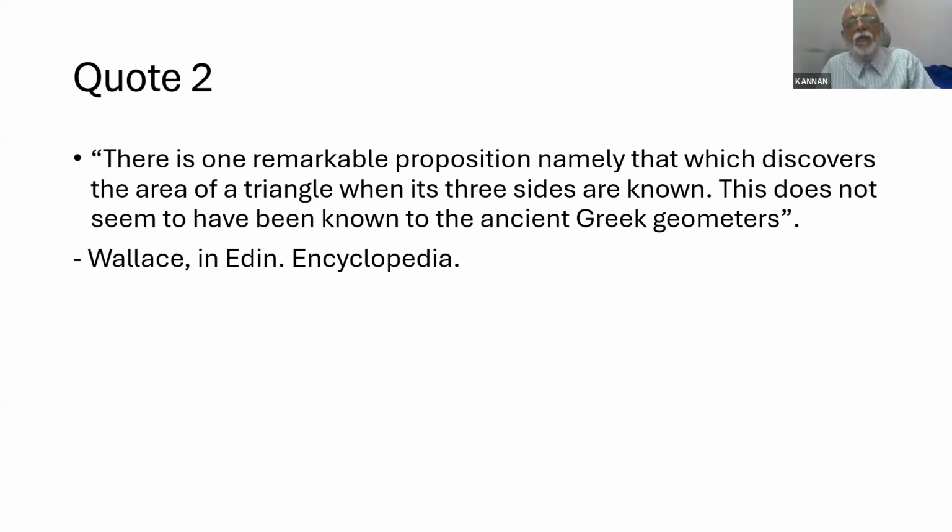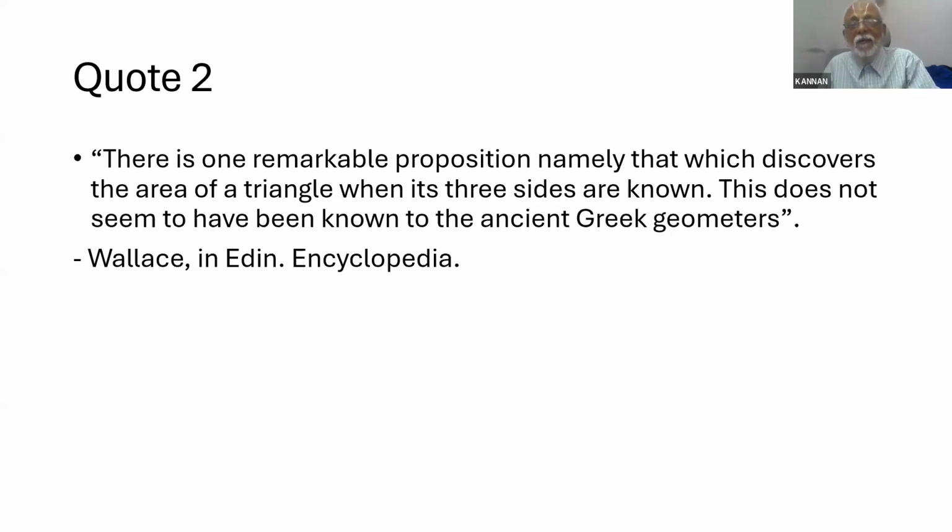Now I go to the second quote. There is one remarkable proposition, namely that which describes the area of a triangle when its three sides are known. Here also, he is referring to the quadrilateral formulation only.